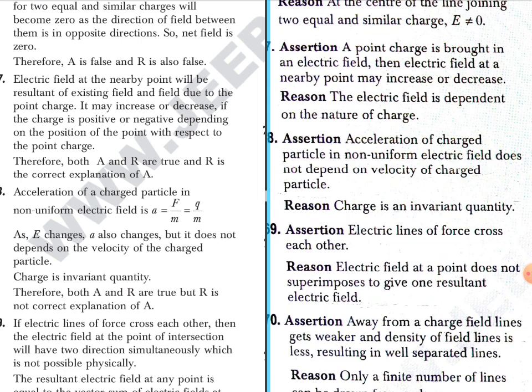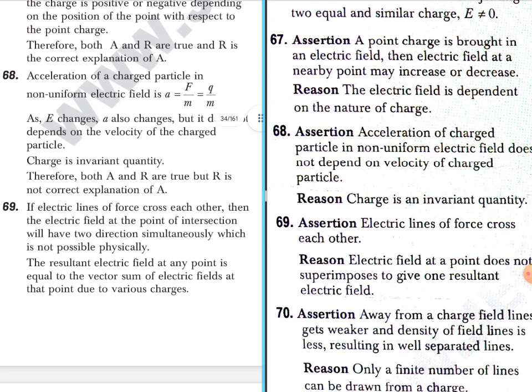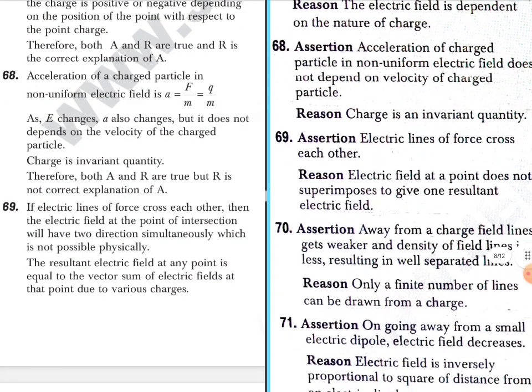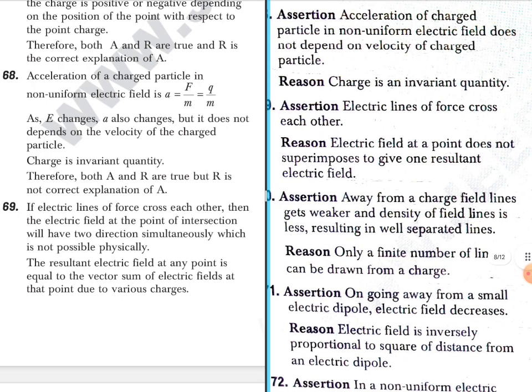Yeah, I don't really understand the 68th assertion reasoning, guys. Okay, so 67th, the electric lines of force cross each other. No way, false. Electric field at that point does not superimpose to give one resultant electric field.